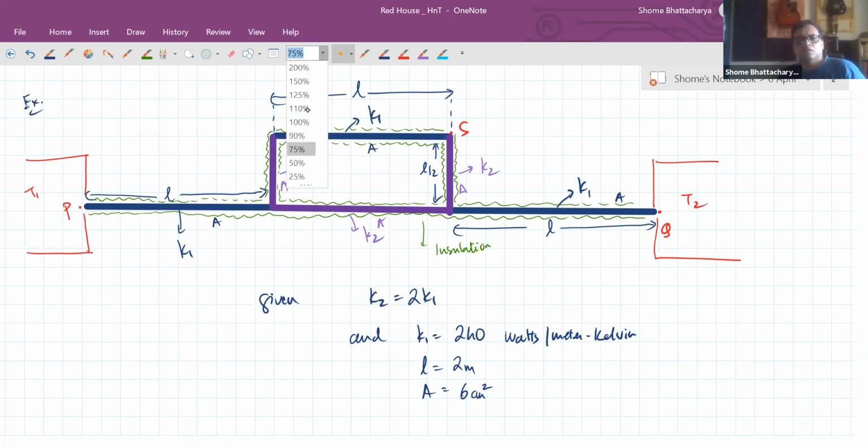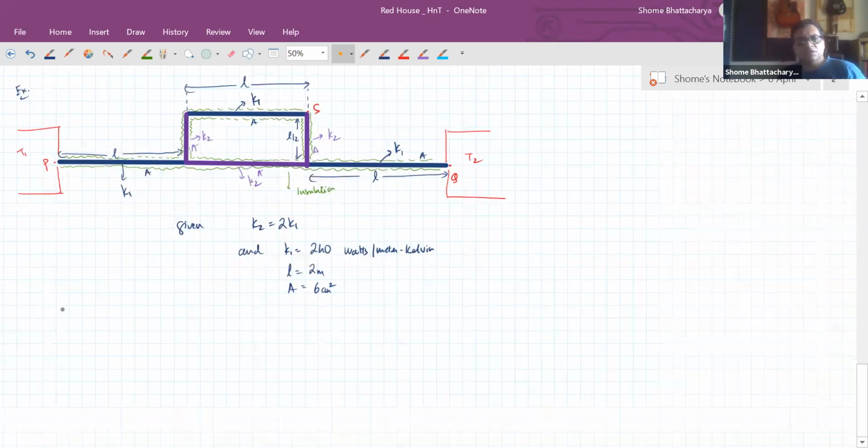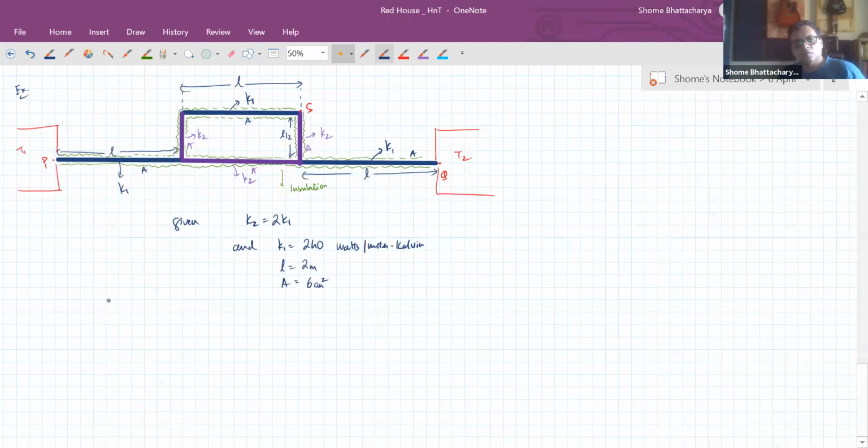Okay. So what's happening in this example is a combination of 6 metallic rods are arranged as shown. Okay.